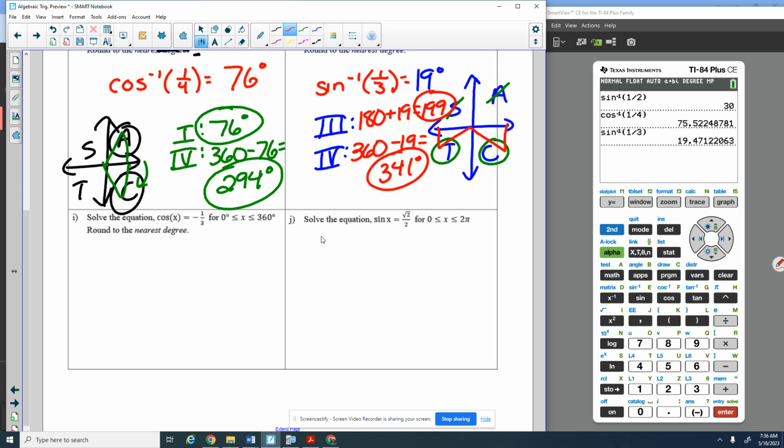The last one, remember, this is just a taste of this, just a preview. Sometimes we do our answers in radians. So on this one, sine is positive, so we're in quadrant 1 or 2. Now, I can actually do this one fully without the calculator. Because if I say, when is sine equal radical 2 over 2?